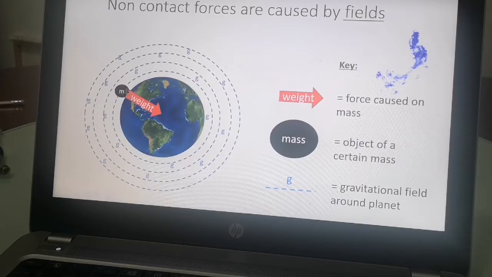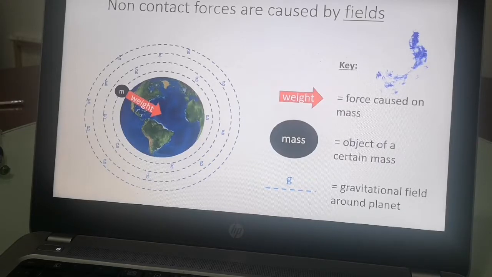If there is a mass, m, inside the field, then that mass feels a force. It feels like it's being pulled. So the mass is the object itself, and the weight is the force pulling the mass towards the center of Earth. If there was no floor, no sea, no land there, then the mass would just fly into the middle of Earth and then stop, because everything on Earth is being pulled towards the center.